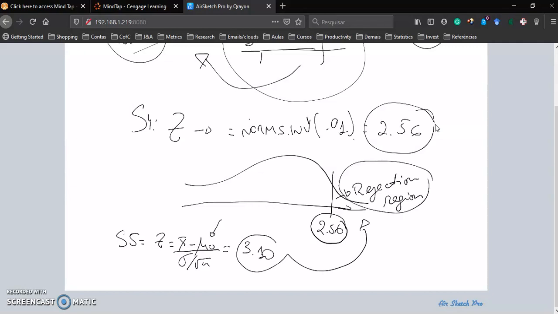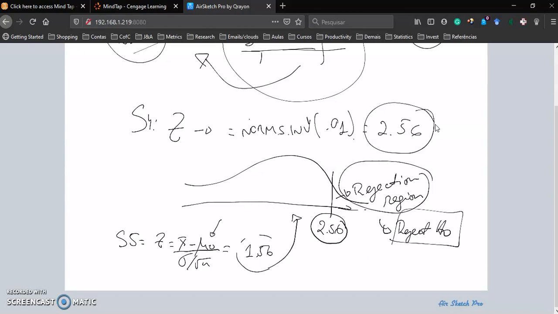That's the rejection region. In this case, you reject the null hypothesis. Okay, if the z-score is smaller than that, let's say z-score is 1.56, it is here. Here is not the rejection region.